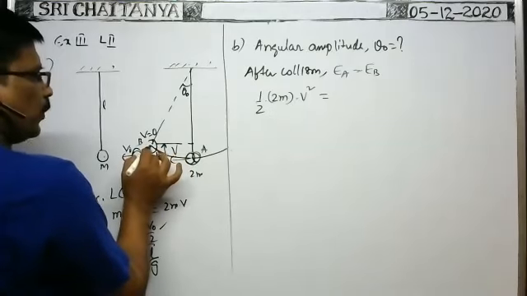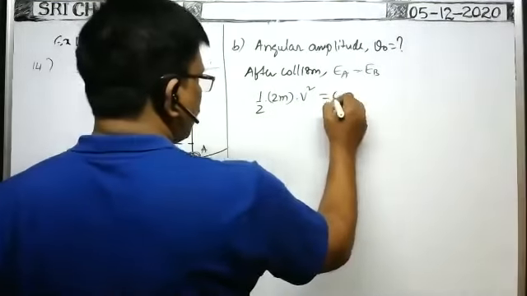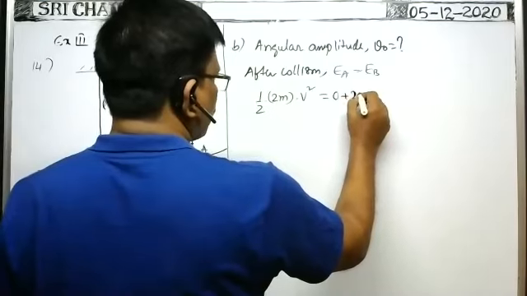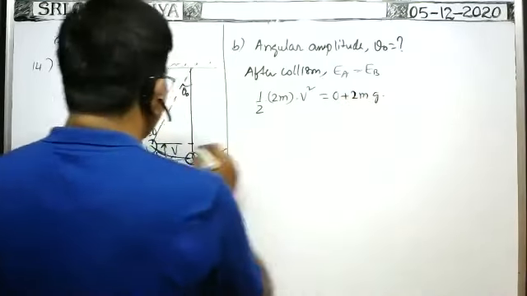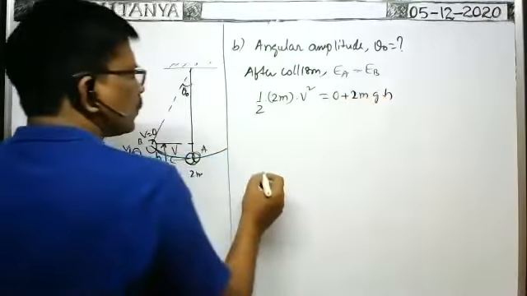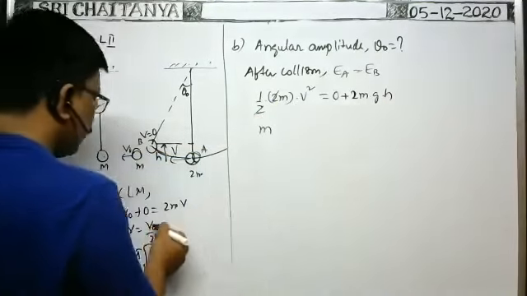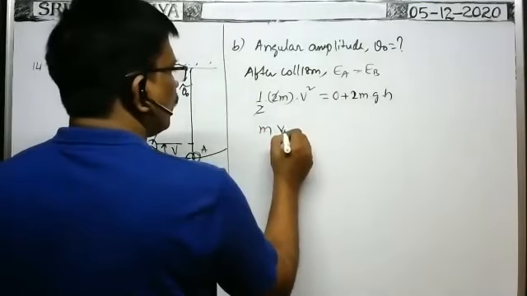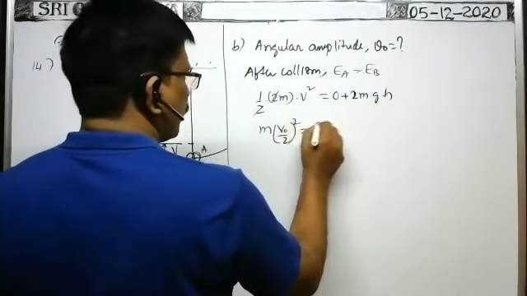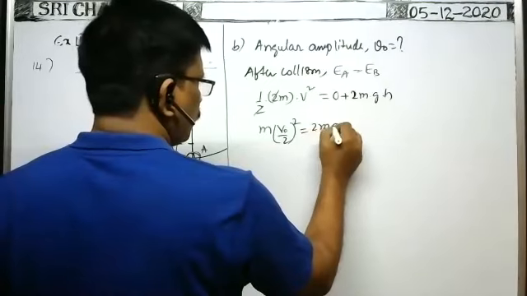When it reaches the extreme position, the kinetic energy is 0 and the potential energy of the combined mass is 2m into g into height h. So here the 2 and 2 cancel, m into V square, meaning V naught by 2 whole square. So V naught by 2 whole square is equal to 2m into g into h.